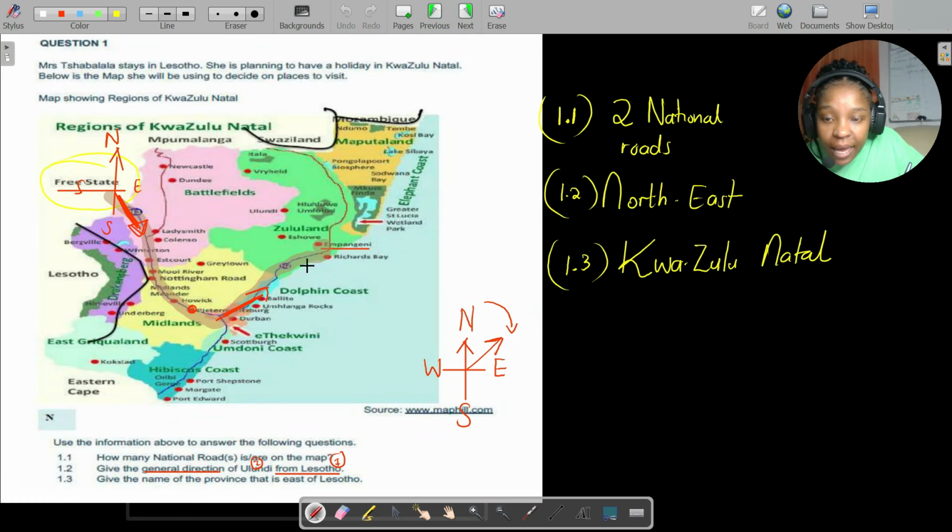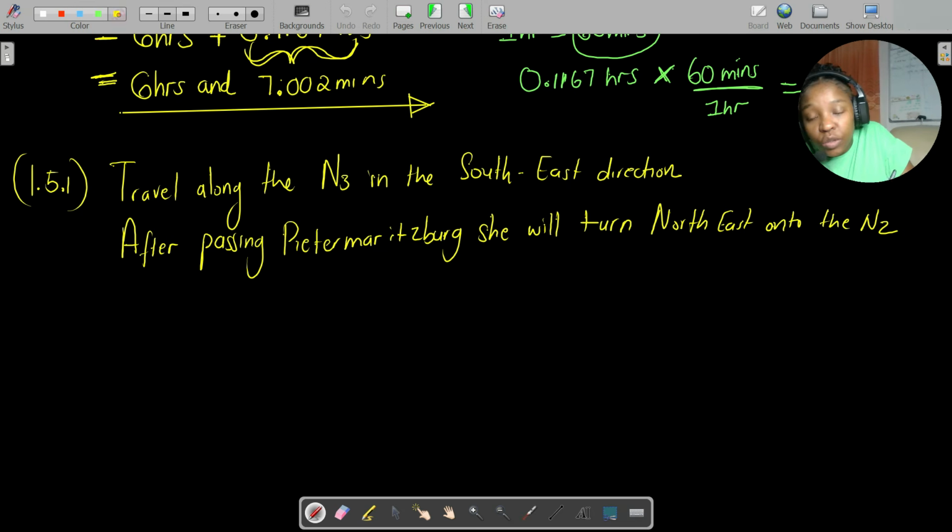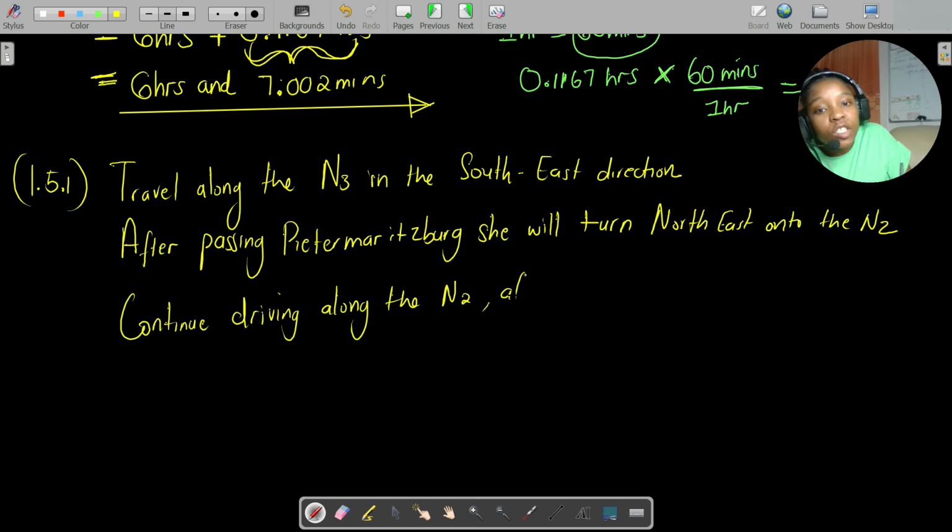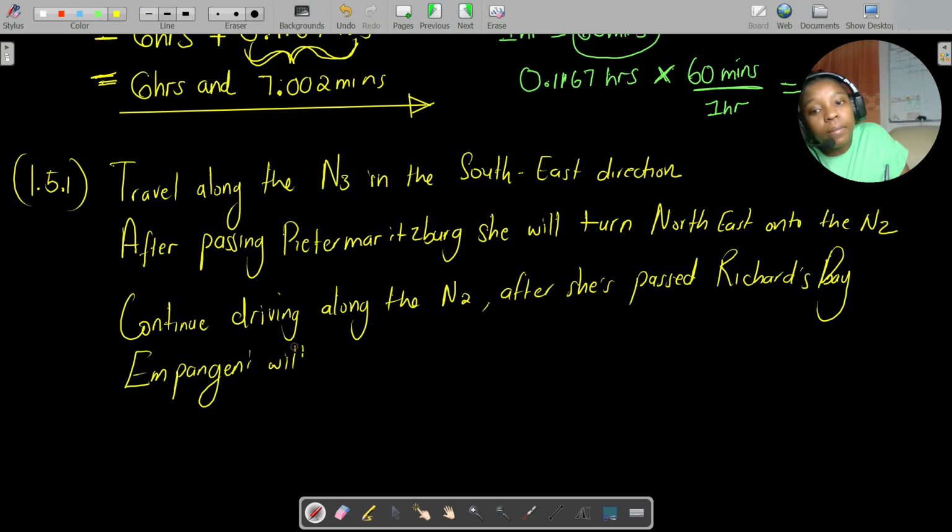Then what is happening here? Then she's going to pass Richards Bay. So always just mention that last town that you pass. Then she's going to pass Richards Bay, and Mpangeni will be on the left. So she will continue driving along the N2, and after she's passed Richards Bay, Mpangeni will be on her left.